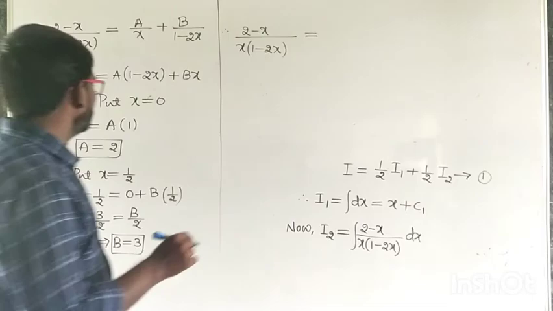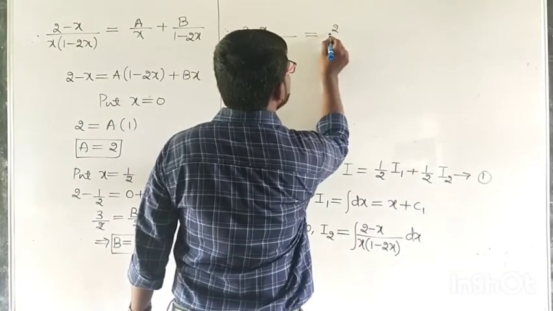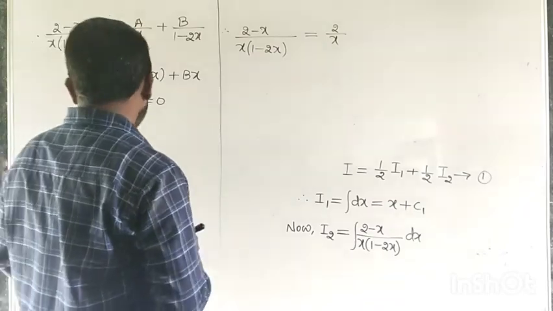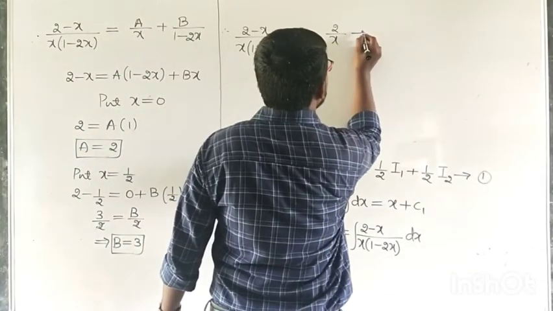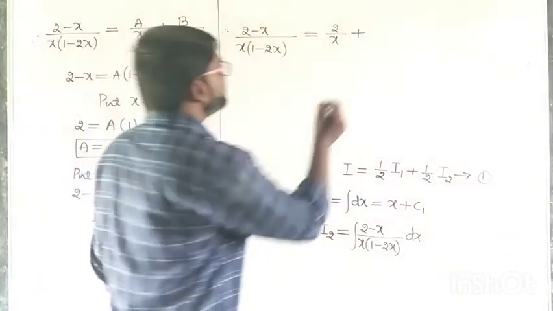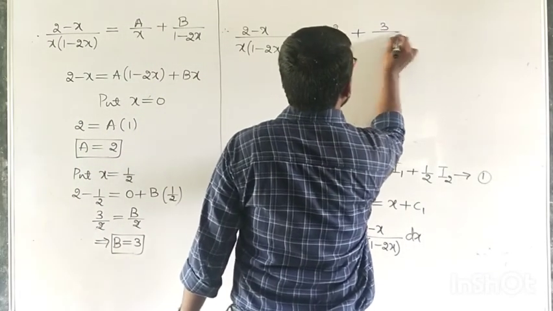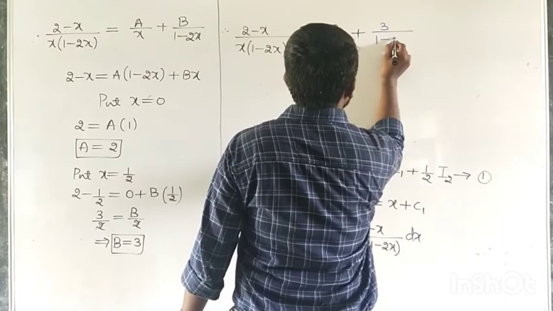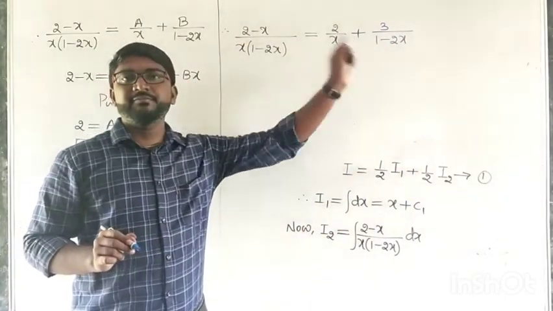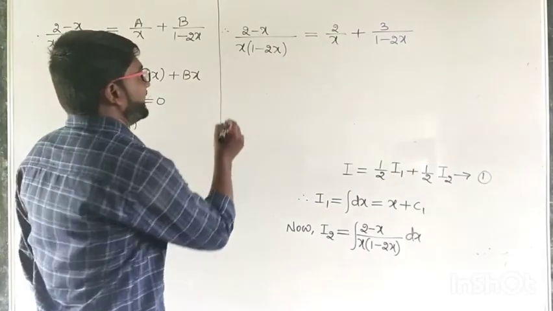A is 2, we get 2 by x, plus, what is the value of B now? B is 3, 3 divided by (1 minus 2x). Now integrate both the sides with respect to x.